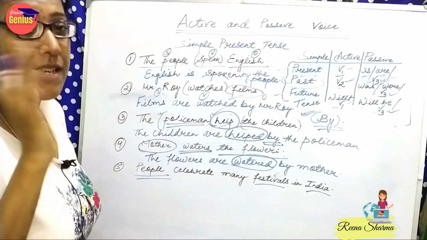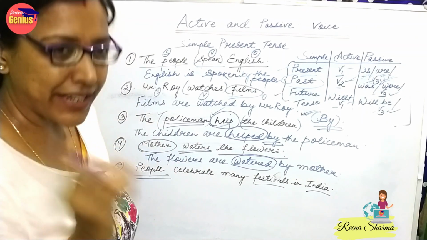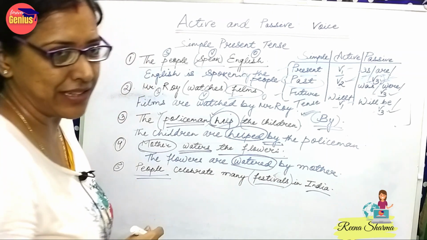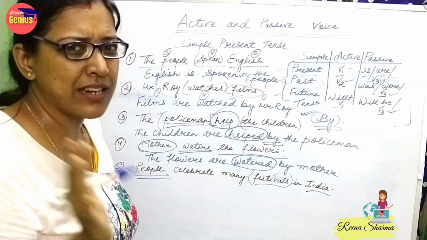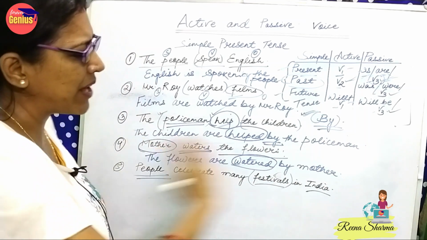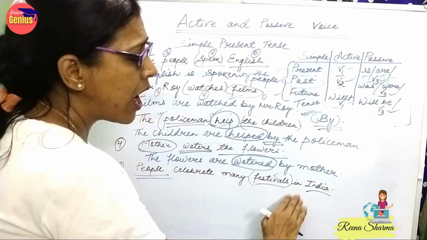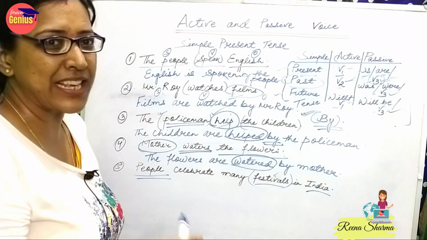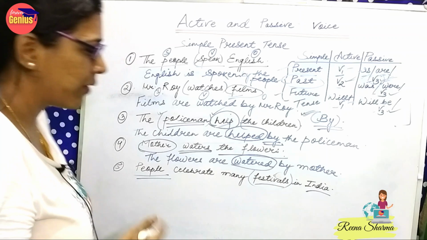If you face difficulty, we have a trick. Count 1, 2, 3, 4. This is festivals. Take this as the object and keep the rest part of the sentence, however big it may be, in the same form. The sentence will be extremely easy. See how?